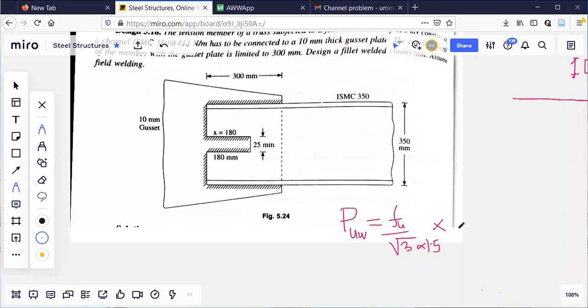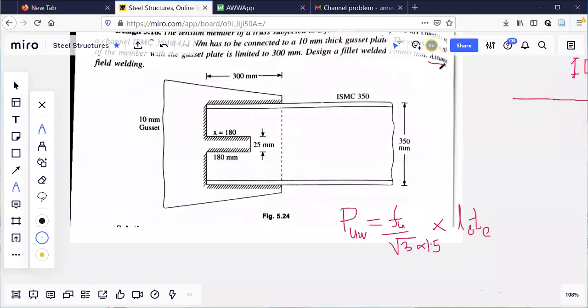Same formula I'm using, but it is not 1.25. It is 1.5, because you look at this: assume field welding.